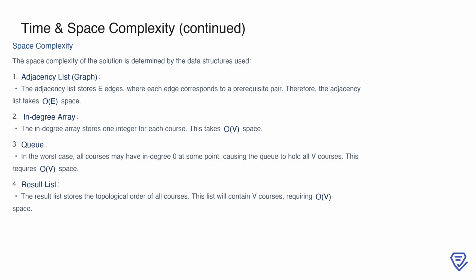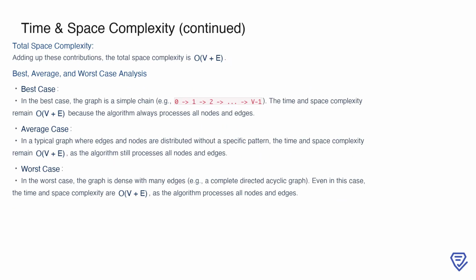Finally, the result list, which stores the topological order of all courses, also requires O(V) space. These components, adjacency list, in-degree array, queue, and result list, combine to give a total space complexity of O(V + E), as it is dominated by the adjacency list, in-degree array, queue, and result list.